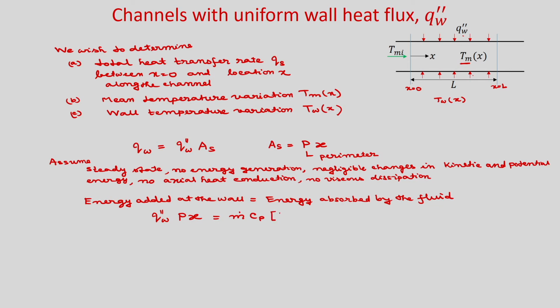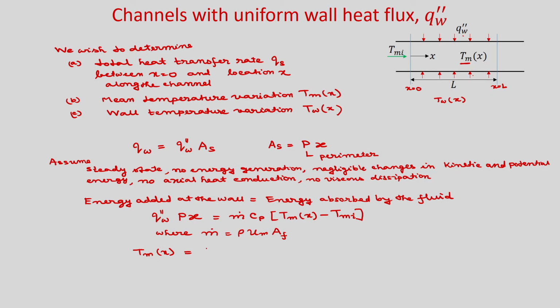So, you can write that as Tm(x) minus Tmi, because this is the temperature difference, where m dot is the mass flow rate, and that is rho times um times the flow area F. For a pipe, the flow area is pi r naught squared.